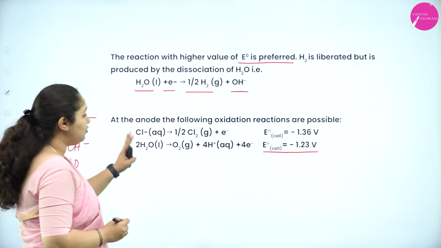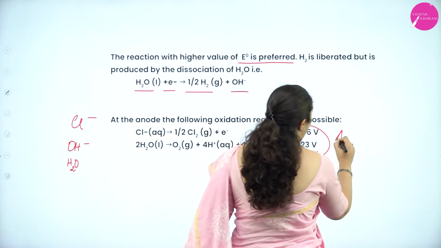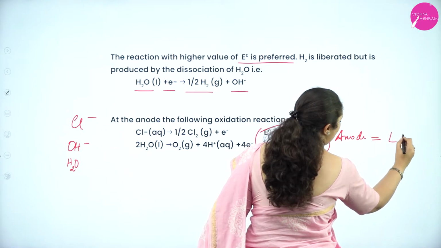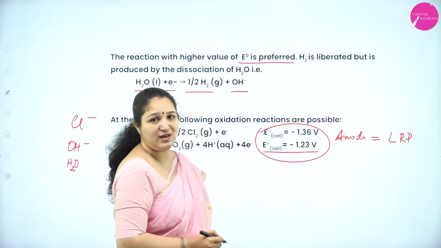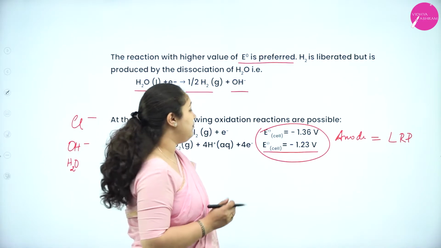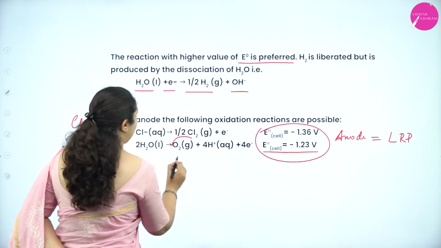Now, according to the values here, we know that at anode, the preferred reaction is the one with the lower reduction potential, and the lower one is minus 1.23 volts compared to minus 1.36 volt. So, what has to get liberated?